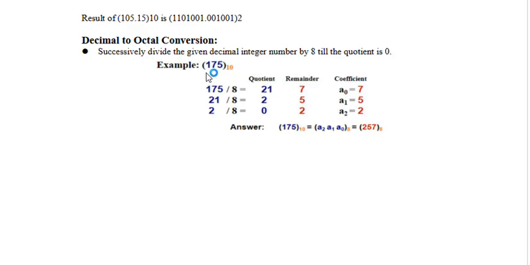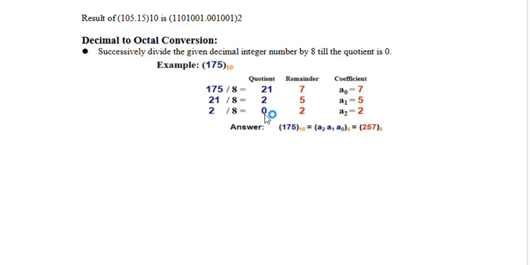Since the base of octal is 8, we are dividing the given integer number by 8. And the remaining steps are everything same. So the quotient 21 comes, and 7 is the remainder. So this 7 is the coefficient, a0 equals 7. So we have to continue the same procedure till we get quotient 0.